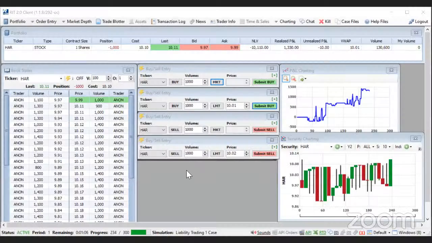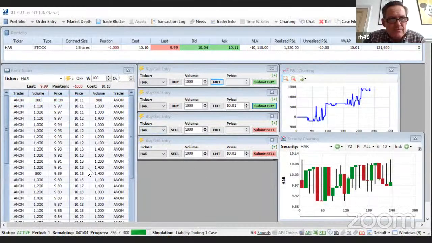Can you see now? No. You have to select share screen and then select the window. Okay, so yes, it is perfect now.